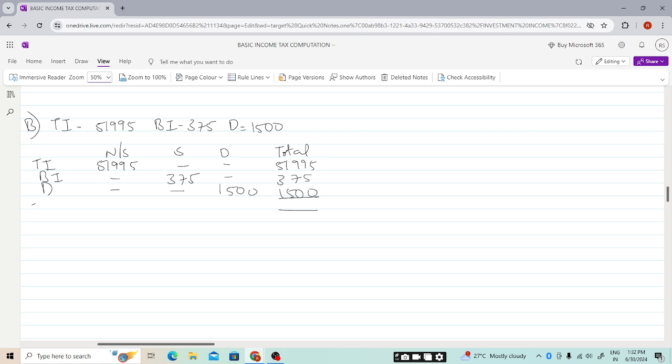So this will give rise to the total income. Total income will be 51,995, 375 and 1,500. So our total income will be 53,870. So less relief will give rise to net income. So our net income and total income will be the same.